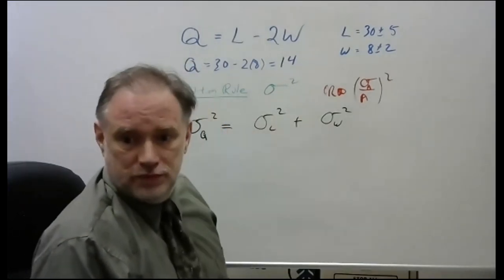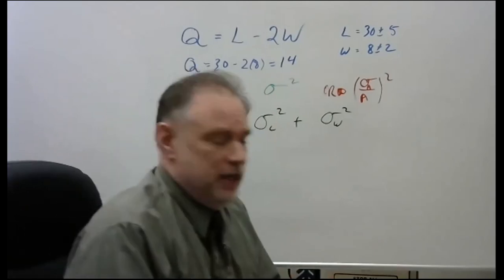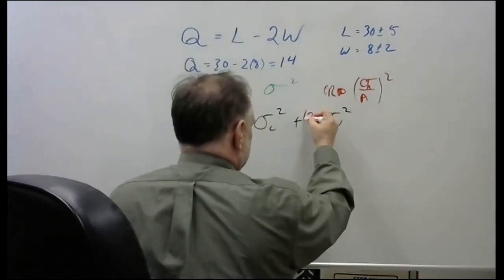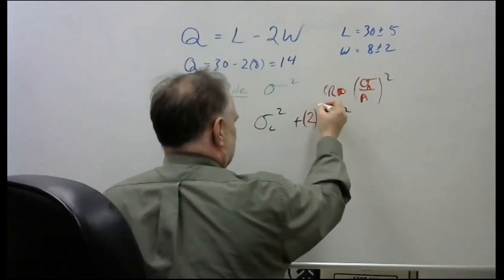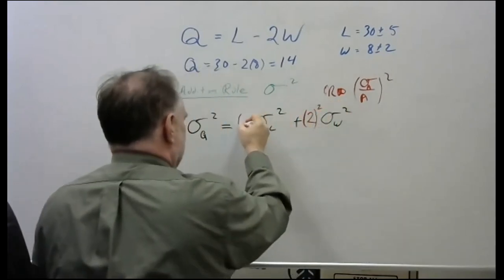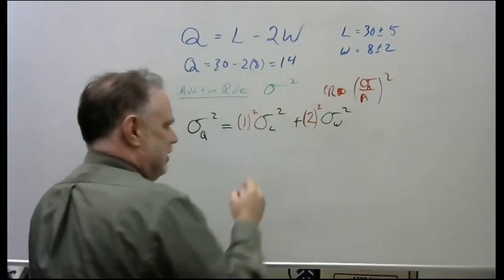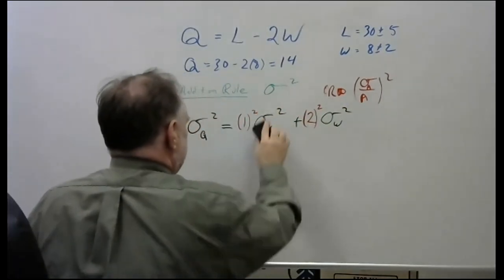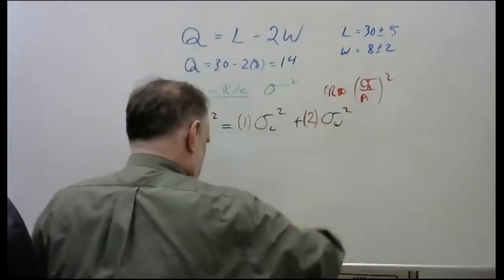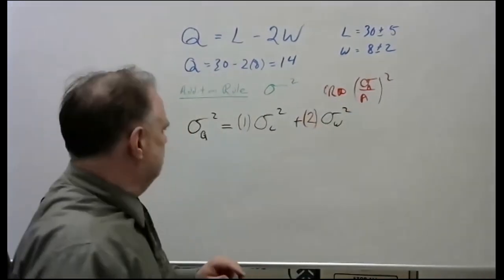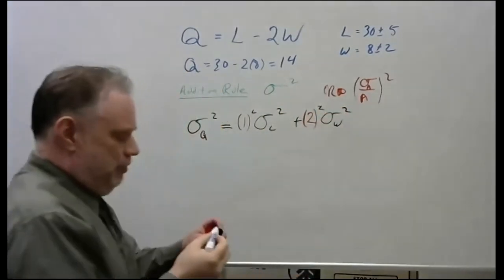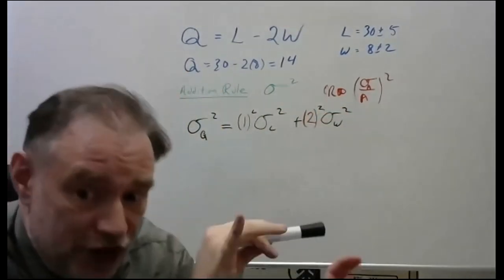Notice if it were -2, it would end up being the same thing because you take the 2 and square it, just like we would take the 1 and square it. Whatever you put into this formula, you end up squaring it. So whether you're adding or subtracting, it doesn't matter because you would end up squaring the negative coefficient.